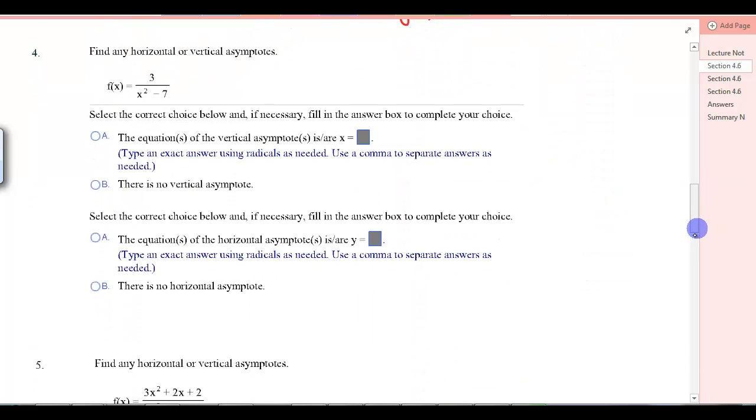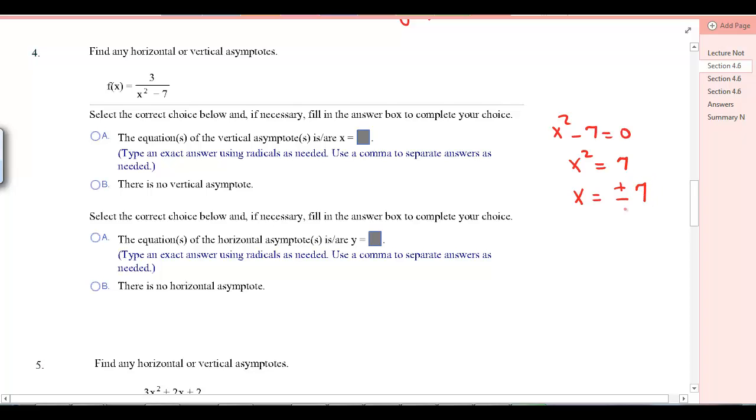Let's look at number 4. We're going to do the same thing. Let's take x squared minus 7 and set equal to 0. So x squared is equal to 7. If you solve that, you get x equals plus or minus the square root of 7. Now, when you put that in your box, they don't have this plus or minus thing, so we're going to put square root of 7, comma, minus square root of 7.